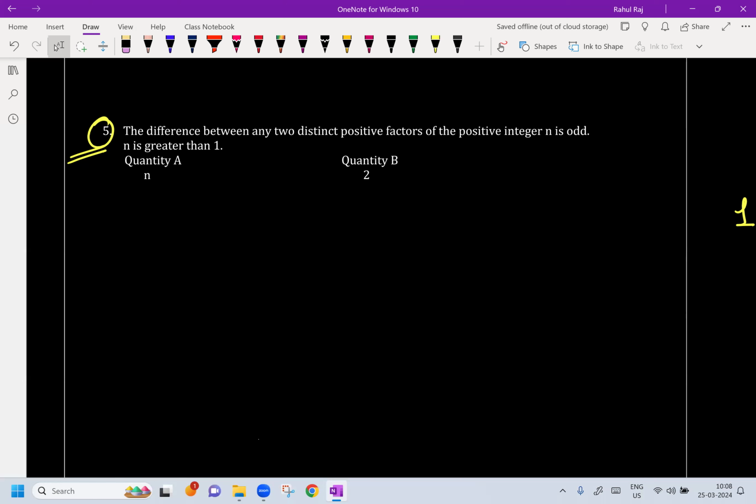It says difference between any two distinct positive factors of a positive integer n is odd. These words are very important. If you don't concentrate on this, it's all over. I took n equal to 2. What are the factors of 2? 1 and 2. 2 minus 1 is odd.